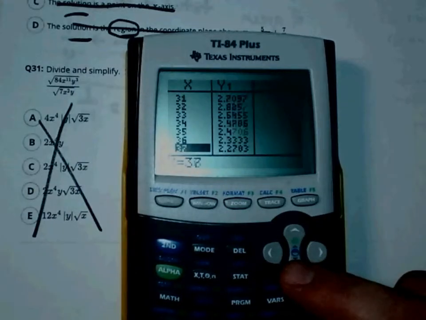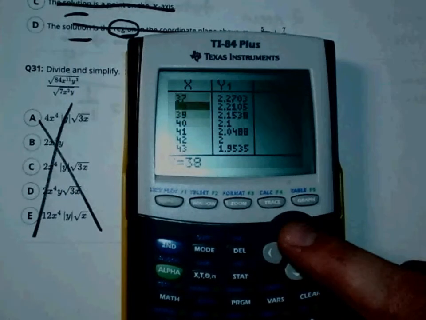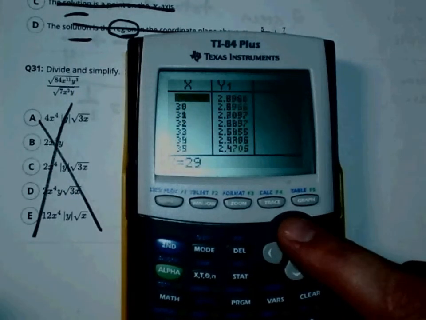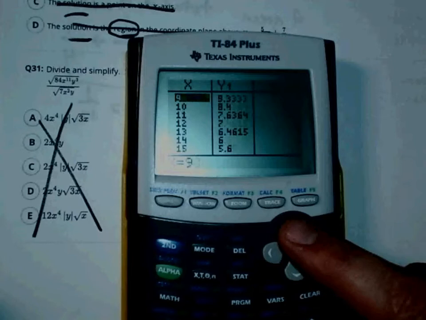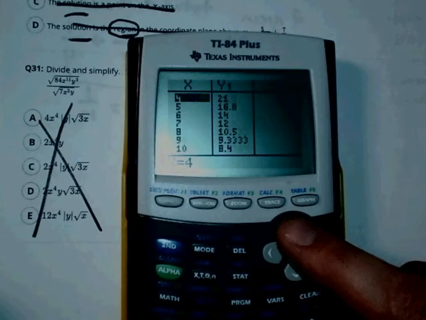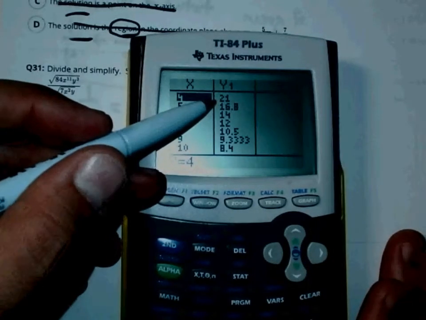As I keep looking for those perfect squares, we got back to our 4. 4 was a perfect square that was in there, and 9 was not good. We have 4 and 21.